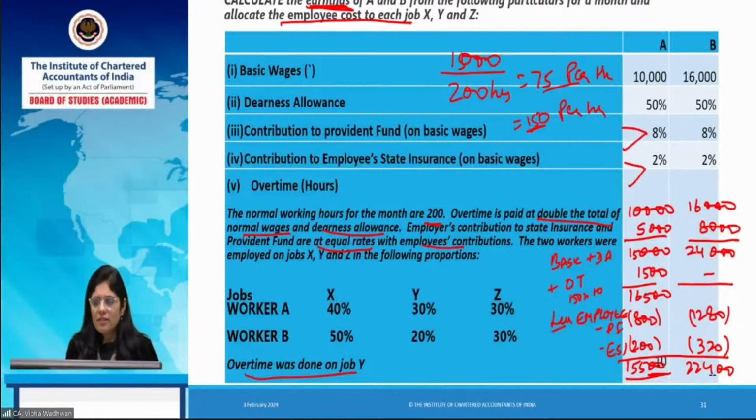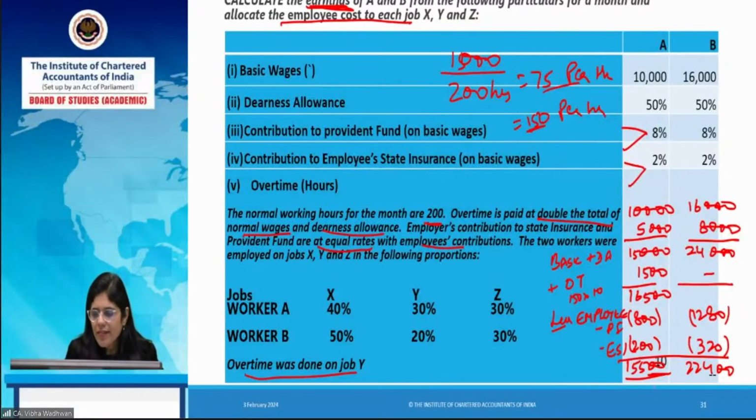Students, this is how we have calculated. I hope you have understood. Take a note of this. We have calculated the earnings first. So earnings of A and B: basic plus DA, and overtime is paid at double the basic plus DA. So you can do double also. 15,000 double is 30,000, divided by 200, so the overtime rate is 150 per hour.